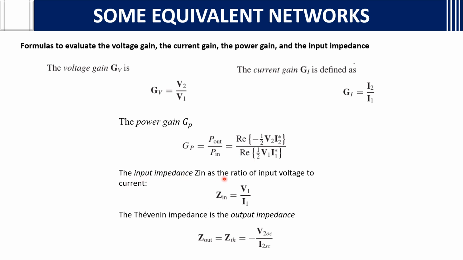The input impedance Zin is the ratio of input voltage to current, V1 by I1. Output impedance is the Thevenin impedance ZTH, which we see at the output. It is minus V2 OC by I2 SC.